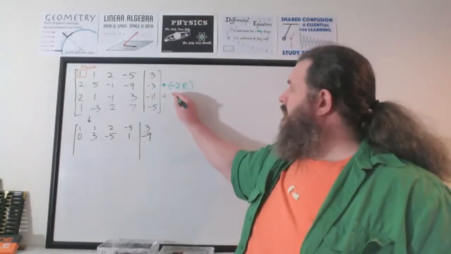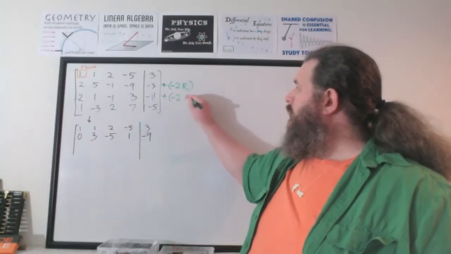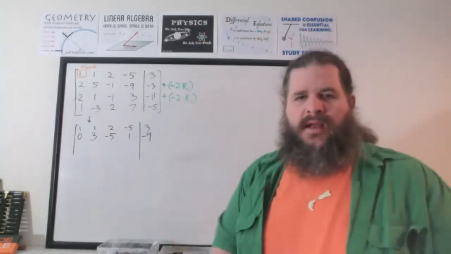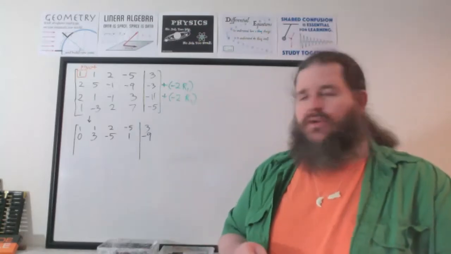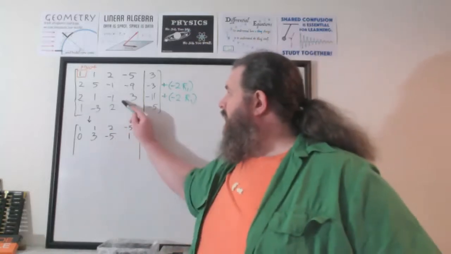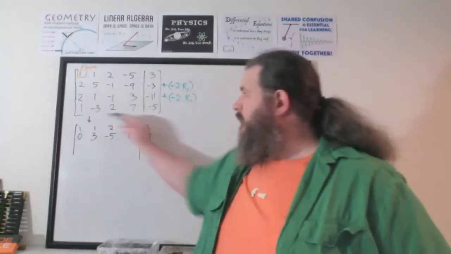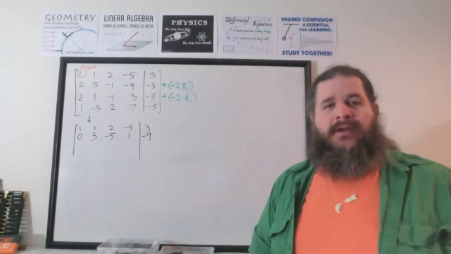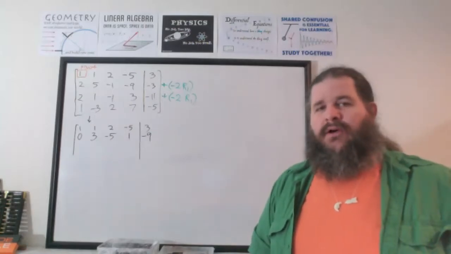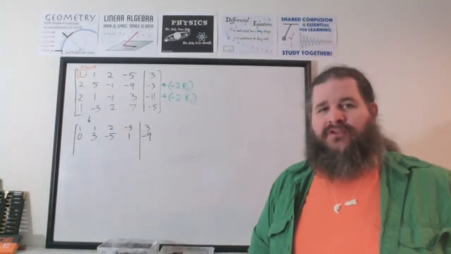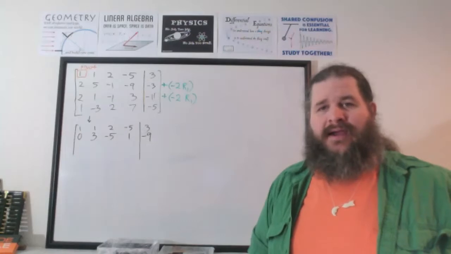We can add -2 times row 1. And by the way, there are other ways to do this. You could, for instance, modify row 3 by just adding -1 times row 2, or -2 times row 4. So there are many ways to row reduce a matrix. They will all eventually lead to the same row reduced echelon form, but there are many ways to get there.